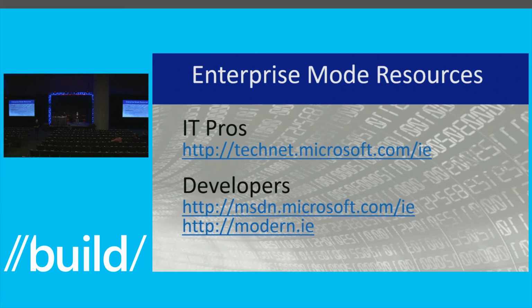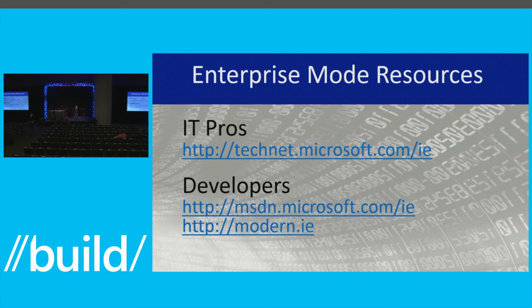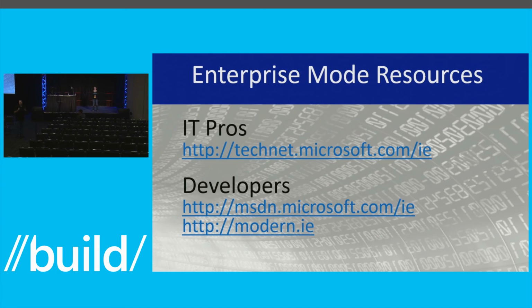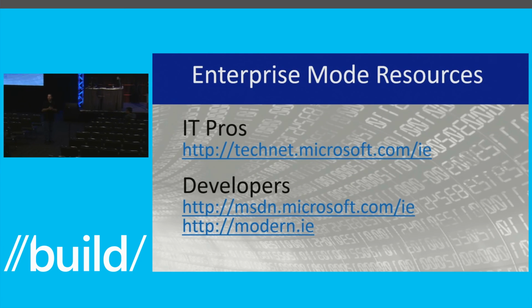The other thing that customers can do today is use the IEAK. The Internet Explorer Administration Kit can be used to create a customized version of IE11 that includes those registry keys. So you can have your own branded version of Internet Explorer. The specific scenario we're running into there is that we had some pilot customers who told us, we don't have a lot of employees, but we have hundreds of thousands of independent agents.